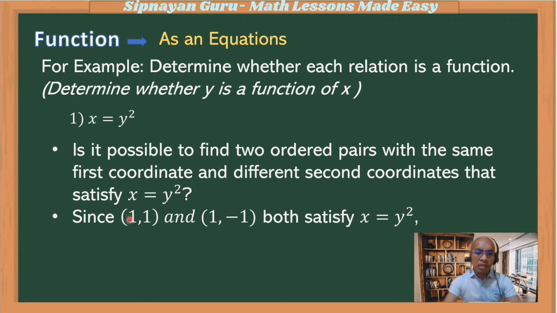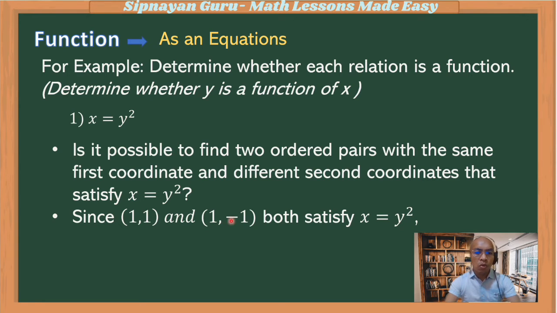In this case, (1, 1) and (1, -1) both satisfy x equals y squared. If our y is 1, 1 squared is positive 1. If our y is negative 1, negative 1 times negative 1 is also positive 1.